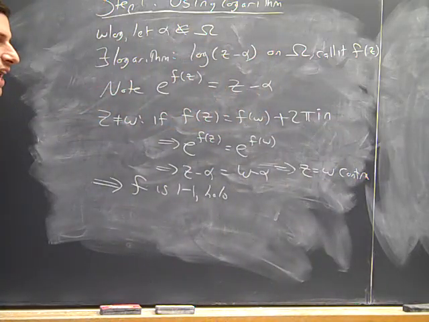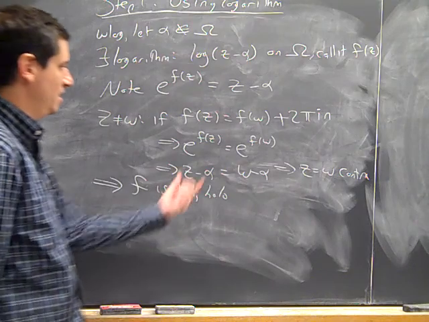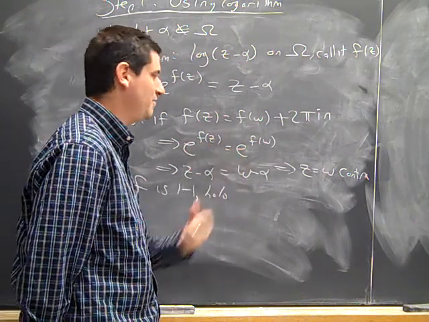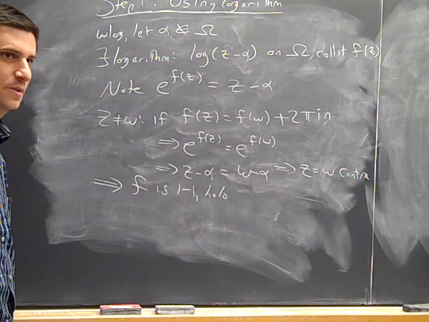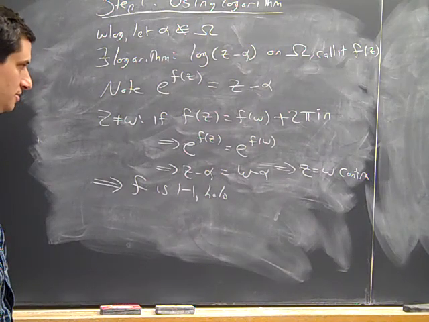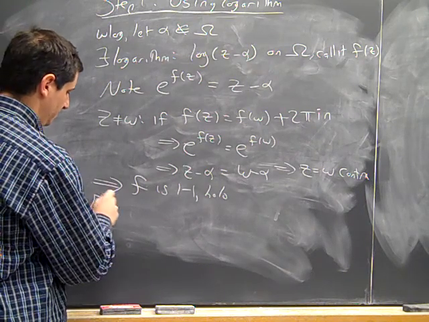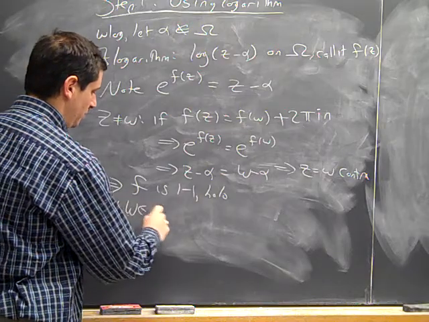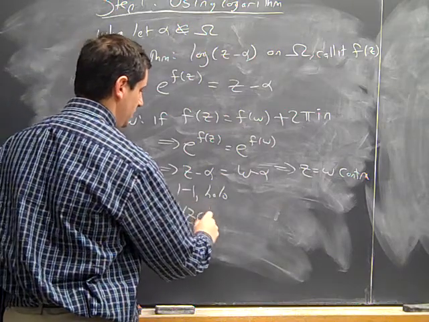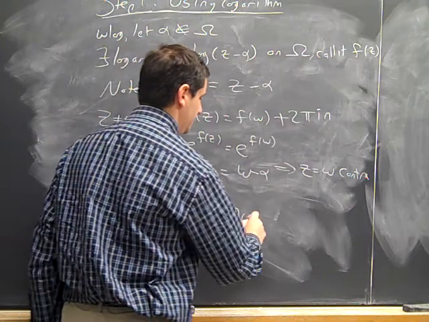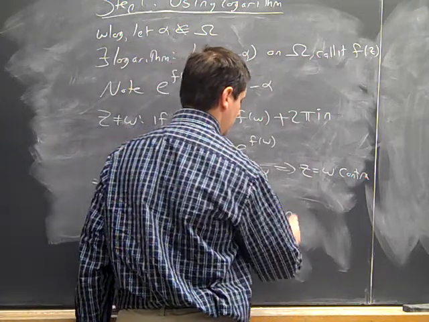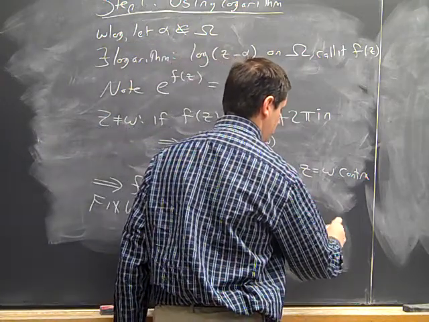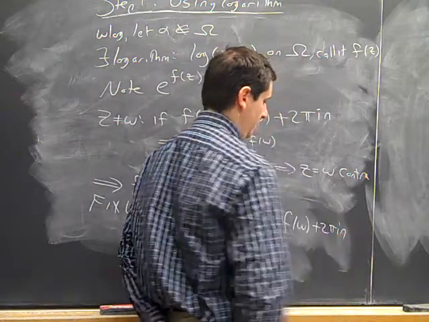If it equaled 2 pi i n, then their exponentials would be the same and we would have a contradiction. So we get a little bit stronger: fix w in omega. For all z in omega, f of z does not equal f of w plus 2 pi i n for any n.